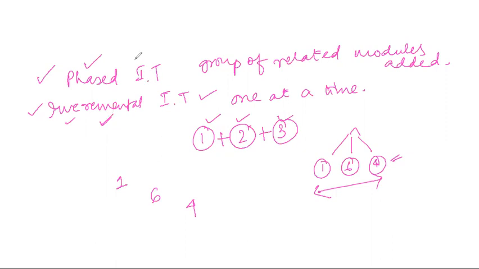But in case of phased integration testing, it will be more difficult to debug, because we won't know whether because of 1 or 6 or 4 this problem has arisen. So these are the two concepts: phased integration testing we refer to when at a chance we add a group of related modules, and incremental integration testing we refer to when we go on adding one module at a time to the partially integrated system.